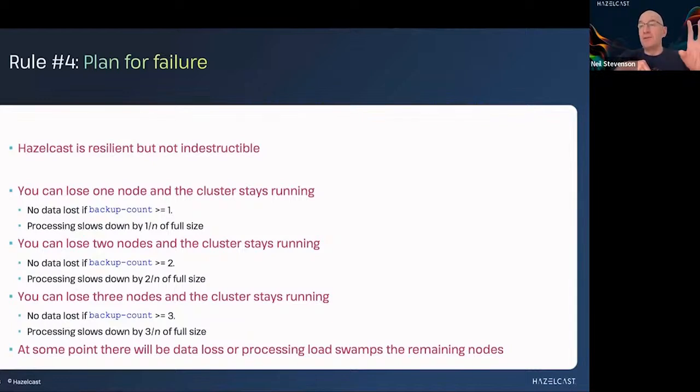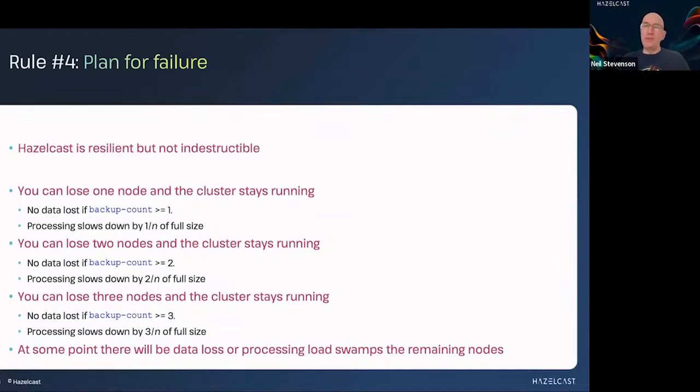That data record goes into one server node, and there's a backup copy in another server node. So you've essentially got a primary and a backup, 2 copies in total. You can lose either one of them and not lose that data record. So if you lose one node, you've lost 1 over n of your capacity, but you haven't lost any data if you've got backup count 1.